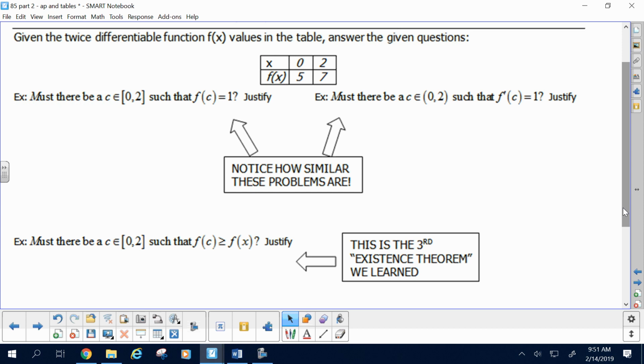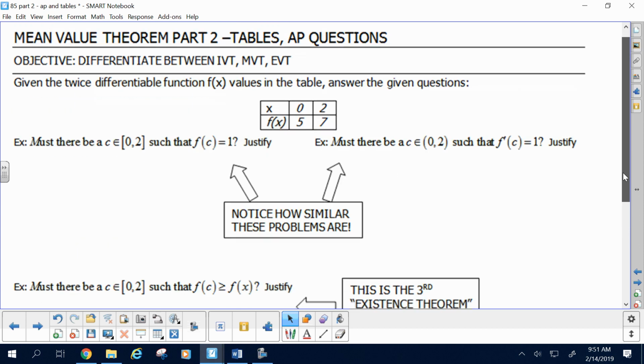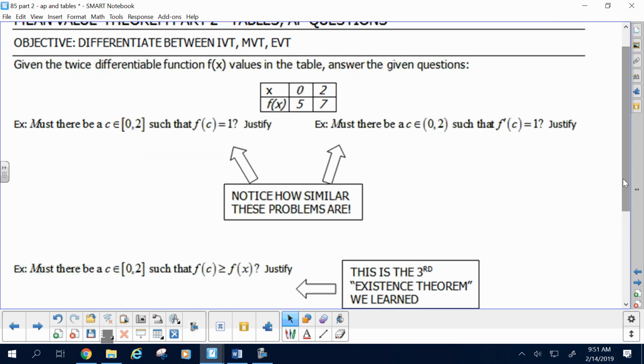So if you were to look at this little table, they would never give you a table this small, but it satisfies the shared point. There might be a question saying, must there be a C such that f at C is 1? But they might also say, must there be a C such that f prime at C is 1? Those are two totally different questions.